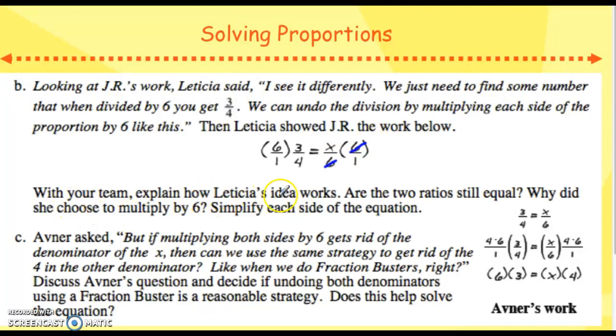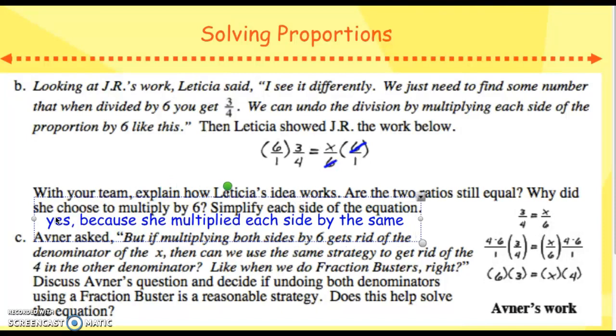With your team, explain how Letitia's idea works. Are the two ratios still equal? Why did she choose to multiply by 6 on each side of the equation? So the answer for this would be yes, they're still equal because she multiplied each side by the same multiplier.